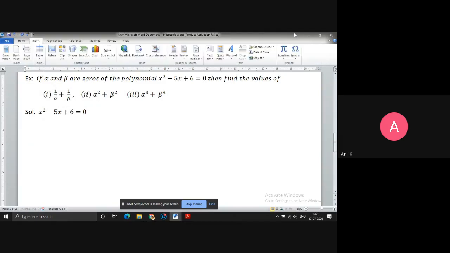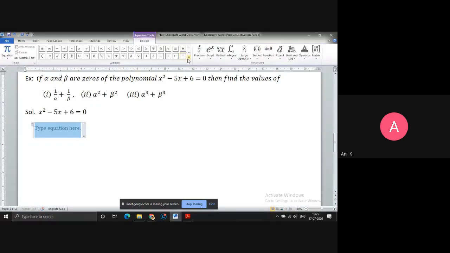I'm putting directly, alpha value is going to be 2. I am skipping the steps of solving the splitting middle term, you can try at home. Alpha value is 2 and beta value is 3.